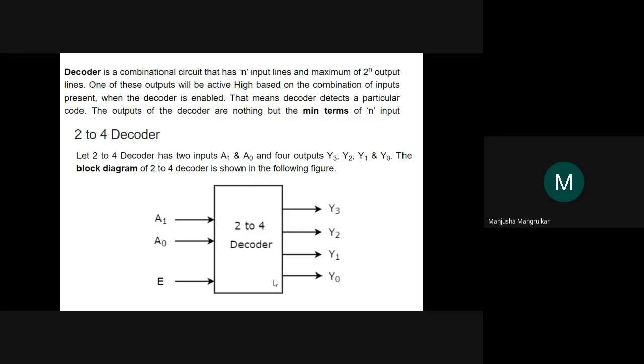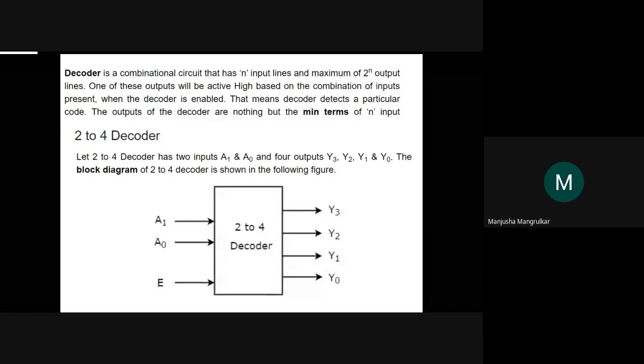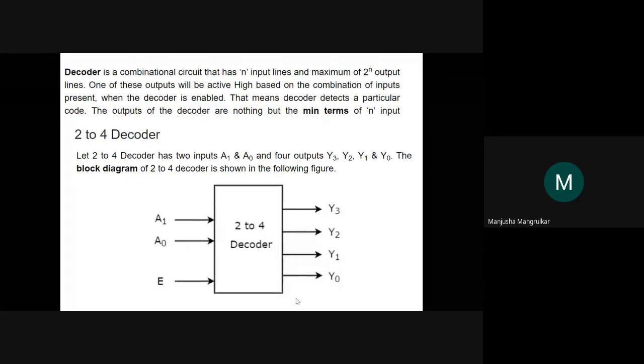So a decoder is a combinational circuit that has n input lines and a maximum of 2 to the n output lines.